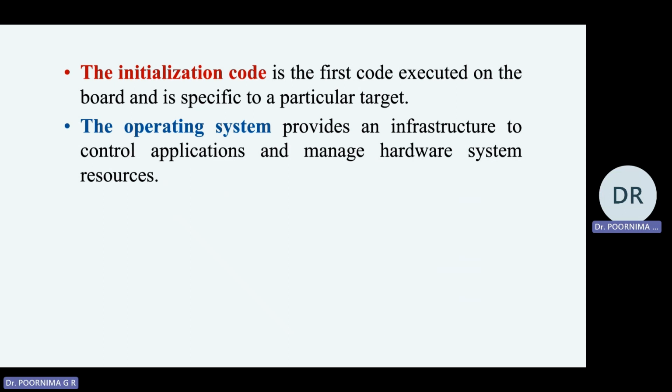What is the exact difference between them? Let us first see. A real-time operating system provides guaranteed response times to events. If a real-time event is happening, the response to the event will happen with this real-time operating system.